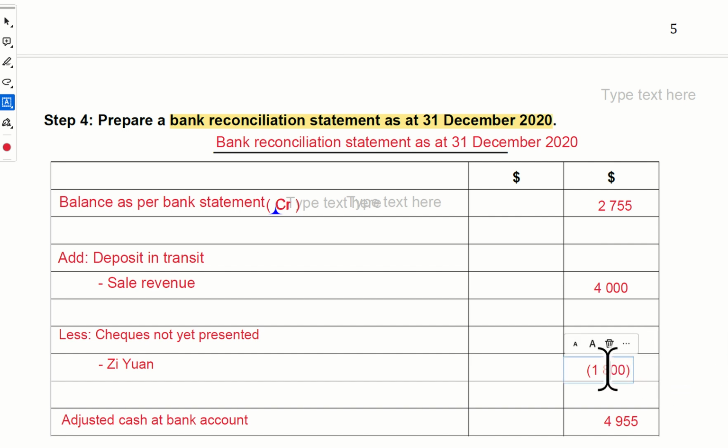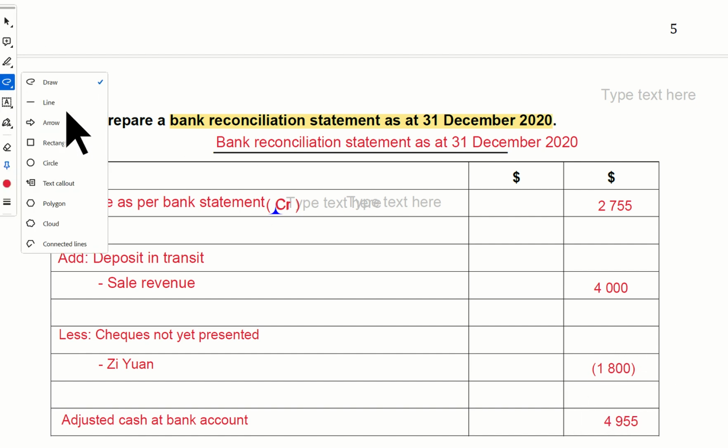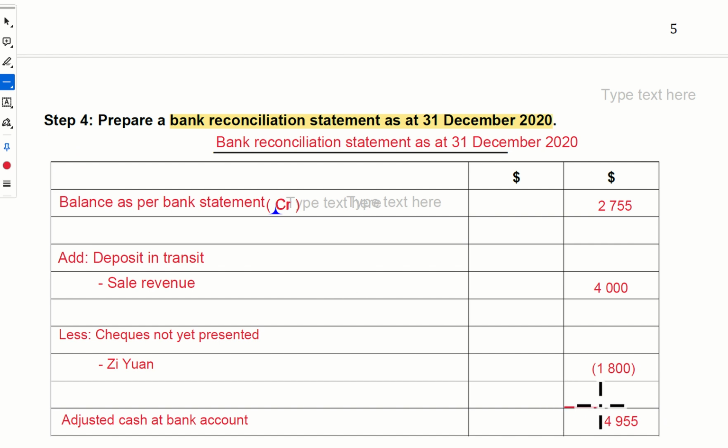Now that's all, right? What we're going to do is draw a triple line. So you've got one line here, and then adjusted cash at bank is going to be in your triple line, which means that is your final answer.